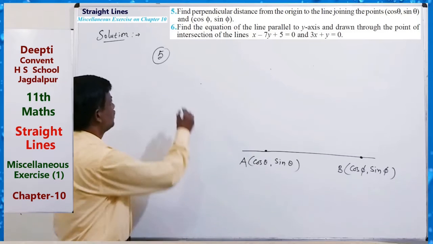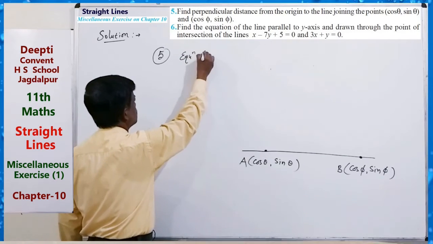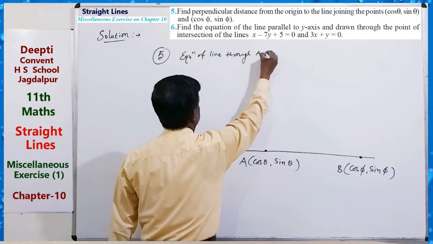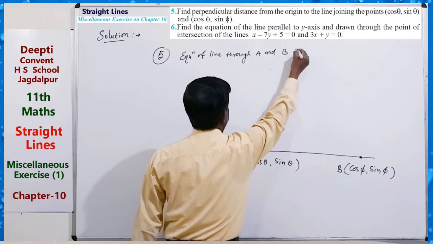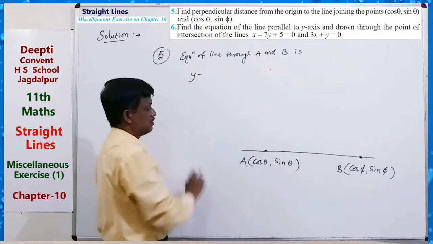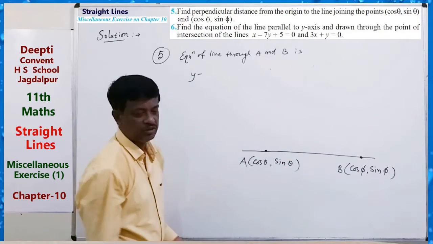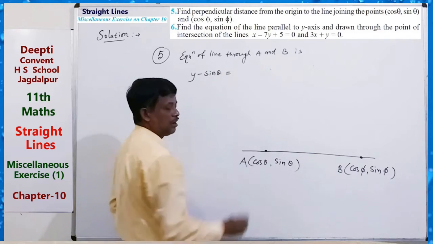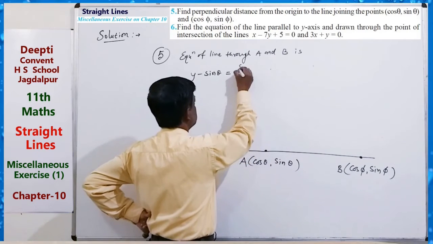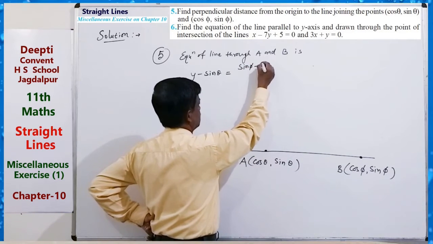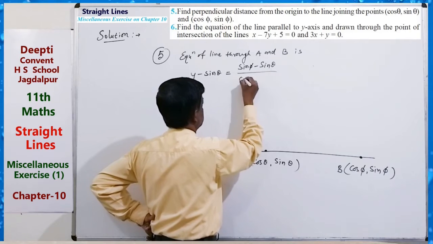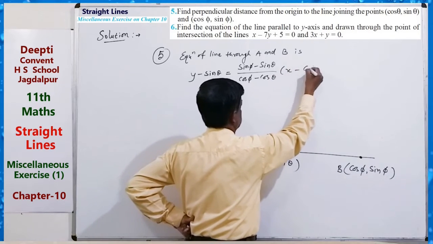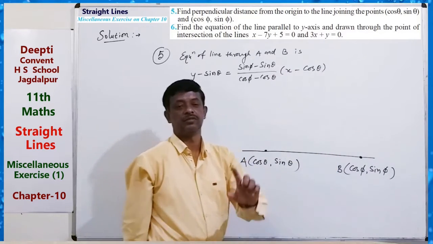We can find the equation of line through A and B. It is y minus y1, where y1 is sin theta, equals to y2 minus y1, that is sin phi minus sin theta, upon cos phi minus cos theta, into x minus cos theta. This is the equation of the line through these 2 points.